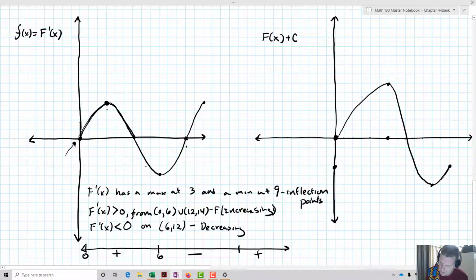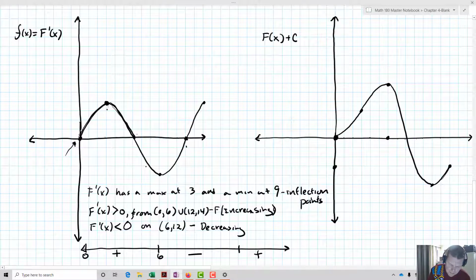I'll first start with this one, and if we look here, our derivative is going to go from increasing to decreasing. Since it's going from increasing to decreasing, that means that we're going to go from concave up to concave down. So we might look at something like this, concave up to concave down.